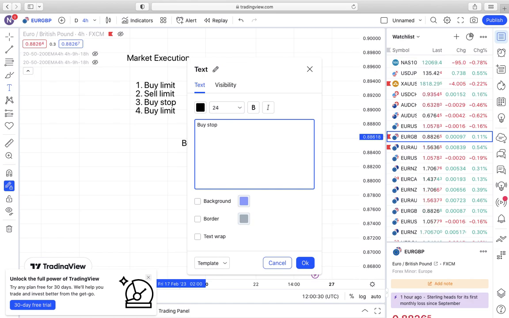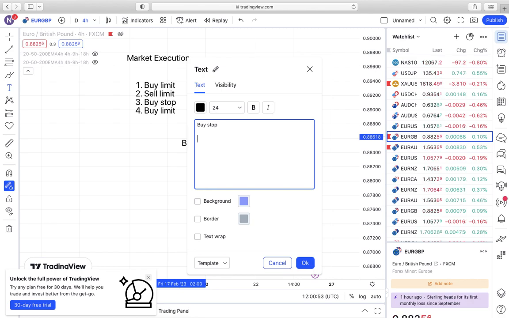Now, the stop price is entered at a level set above the current market price, which means a buy stop must be set above the current market price. You can't place a buy stop below the current market price.